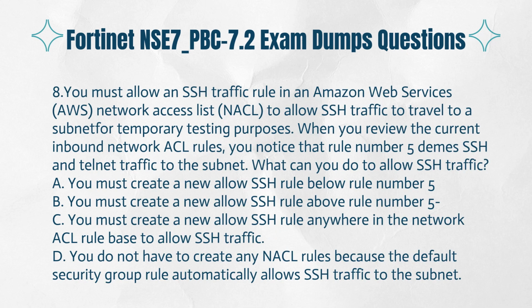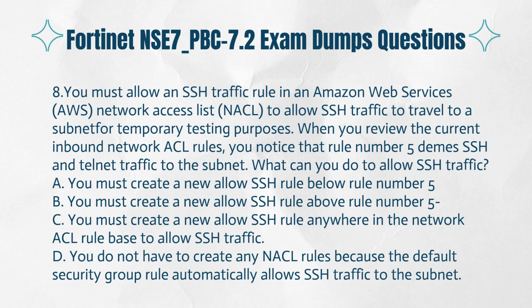8. You must allow an SSH traffic rule in an Amazon Web Services (AWS) network access list (NACL) to allow SSH traffic to travel to a subnet for temporary testing purposes. When you review the current inbound network ACL rules, you notice that rule number 5 denies SSH and telnet traffic to the subnet. What can you do to allow SSH traffic?